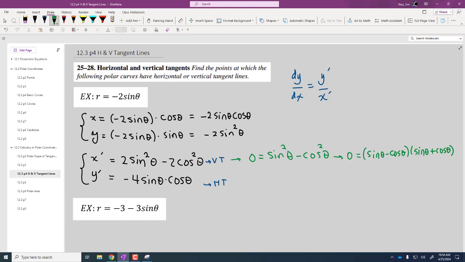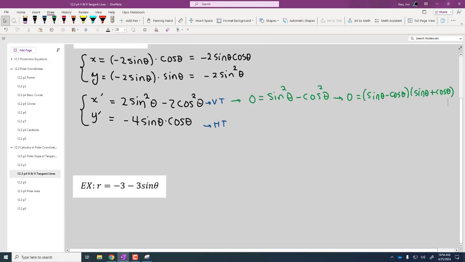And so that tells us that x prime is 0 when sine is equal to plus or minus cosine. So either sine and cosine are the same, or sine and cosine are opposites.